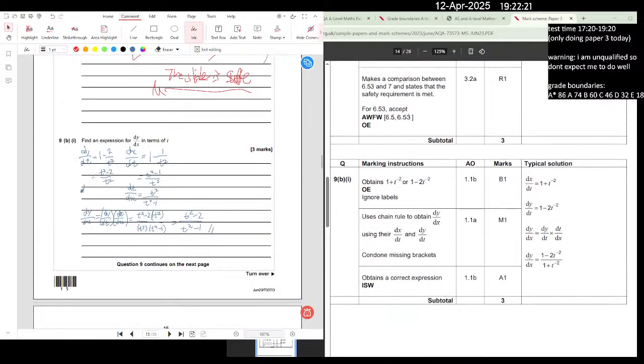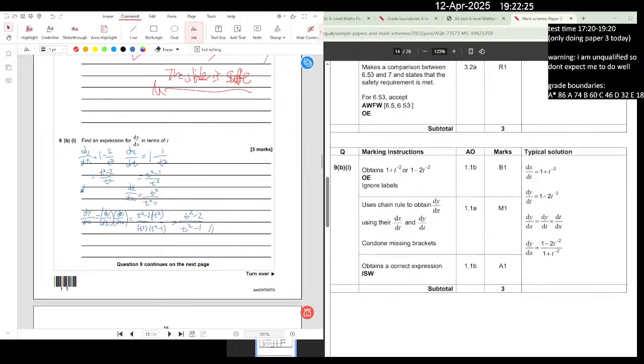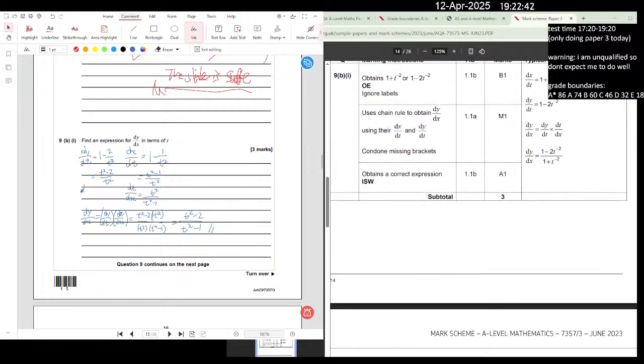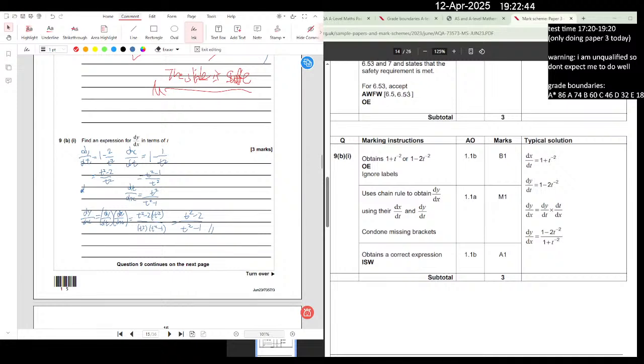Find an expression for dy over dx in terms of t. Let's see, did I get that right at least? Did I? No, I have no idea. Wait, they left it like that. 1 over t.